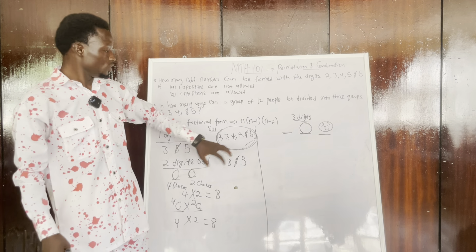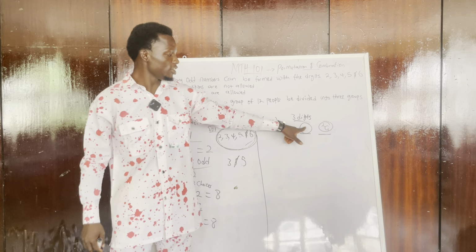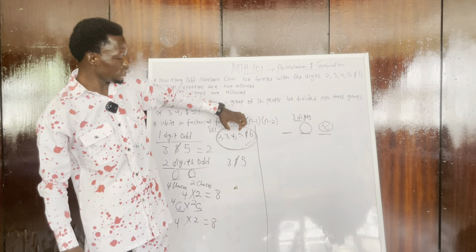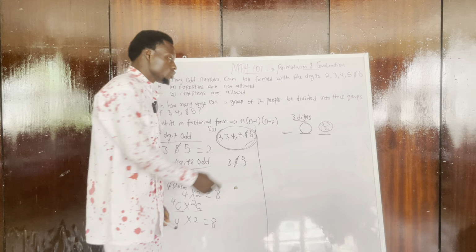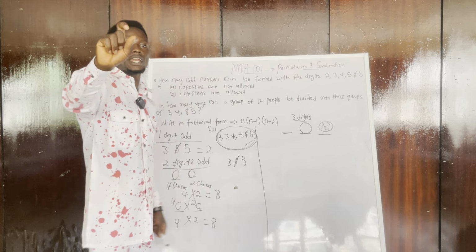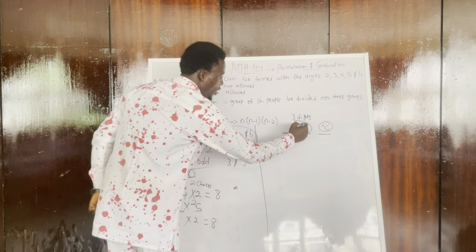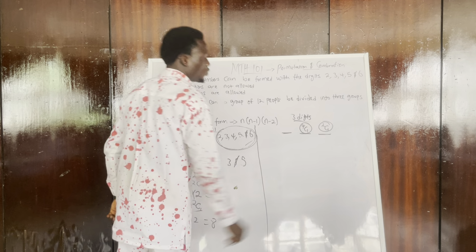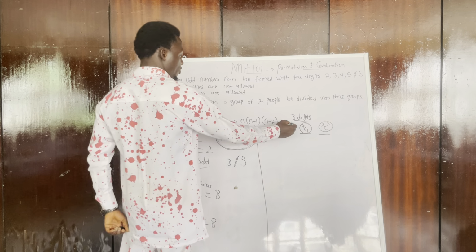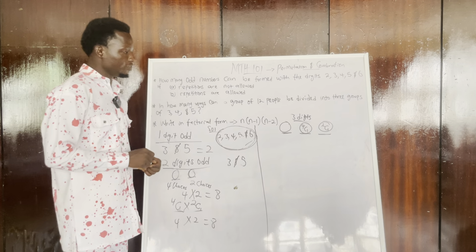Repetitions are not allowed. So the choices you have to fill this space are no longer up to 5. It's just 4 choices. So that means to fill this, you only want to pick one number out of 4 choices. So here now you have what? 4 combination 1.